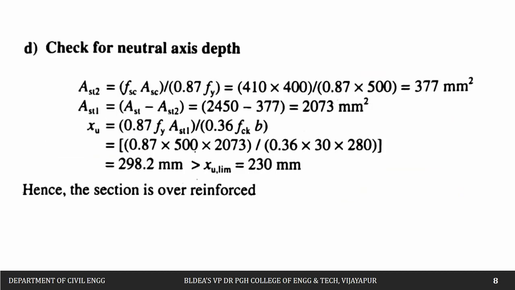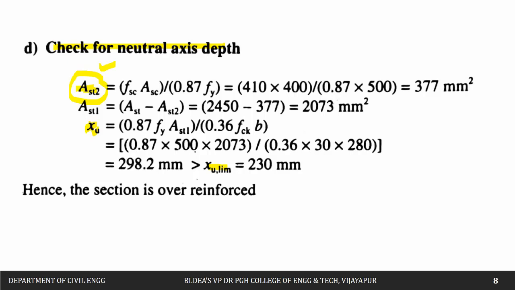The next is we'll check the neutral axis depth. So what we'll do, we'll try to calculate this XU and compare it with XU max. So AST2, that is nothing but area of steel in tension, that is additional steel due to the doubly reinforced section.